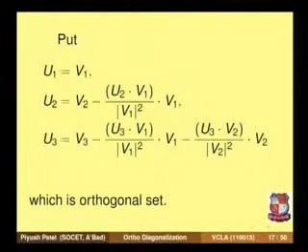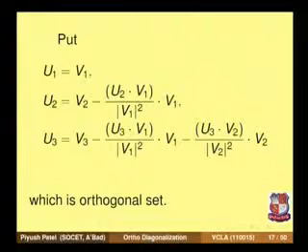Using these formulas we can find the vectors u1, u2 and u3. These 3 vectors are mutually orthogonal. So how to get them? u1 is the same as v1, and u2 is v2 minus the inner product of v2 with v1 over the norm of v1 squared, times v1. Similarly we get u3.